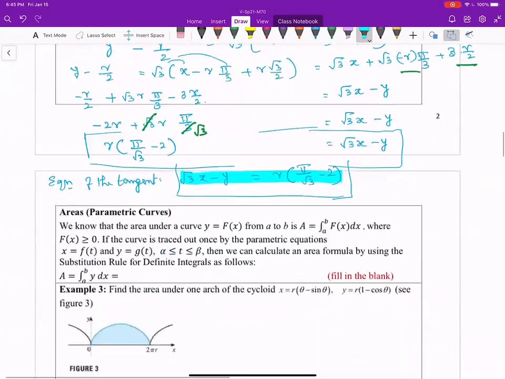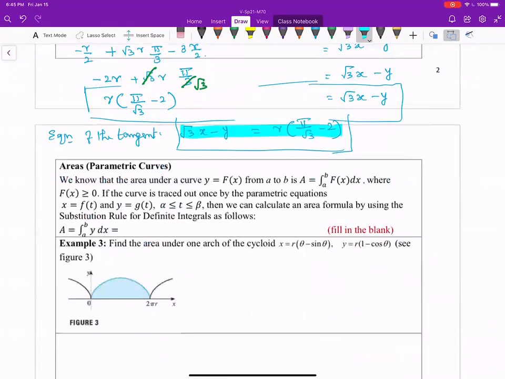Now the next topic is areas for parametric curves. How do you find the area?